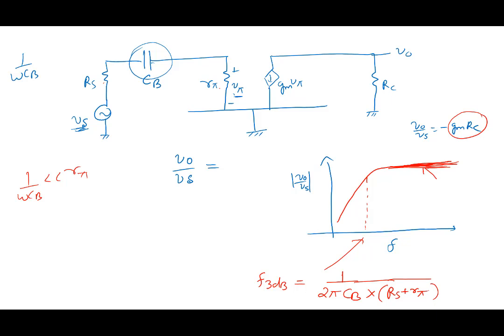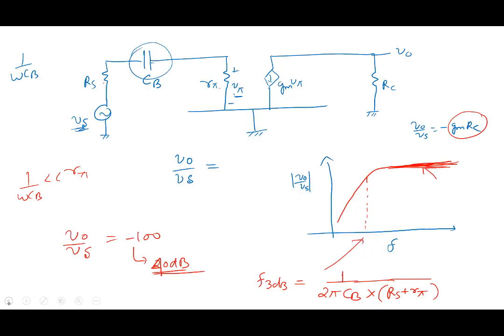Now, let's say this is an amplifier, and V0 by Vs for some design is giving you minus 100. Minus 100 means 40 dBs. So it's an amplifier with a gain of 40 dBs, right?